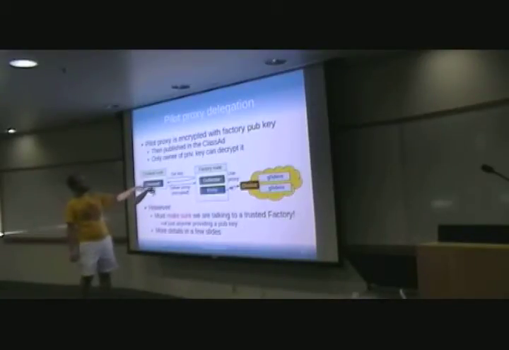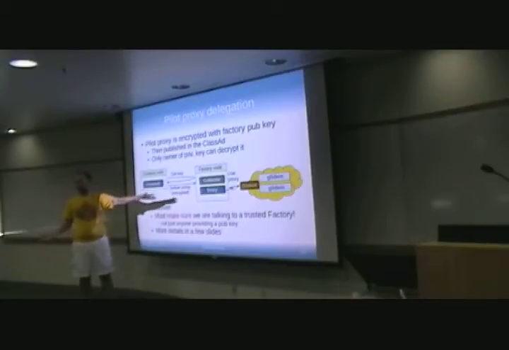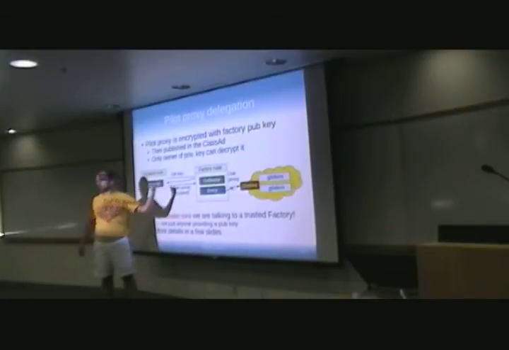So, yeah, it's public key cryptography. So the factory actually provides the public key that is used to encrypt the proxy in the classad. So unless the public key cryptography is broken, only the factory should be able to read it. Even you cannot really decrypt it back.